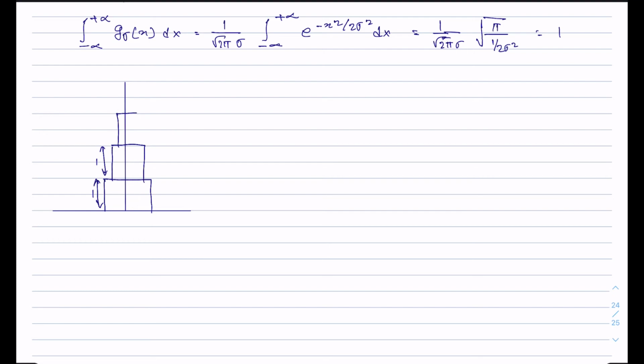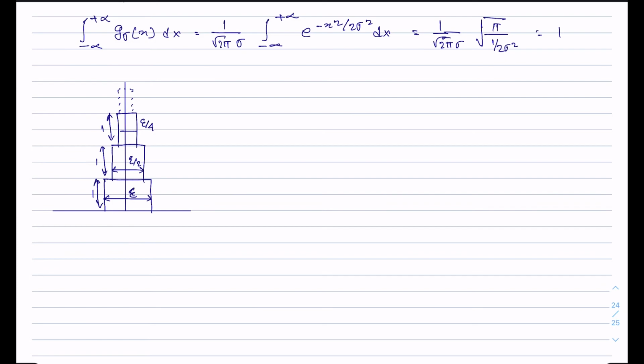Say suppose the width of the first rectangle is epsilon, then the width of the second rectangle will be epsilon by 2, and the third one will be half of the previous one. So this is how you can model it up to infinity.